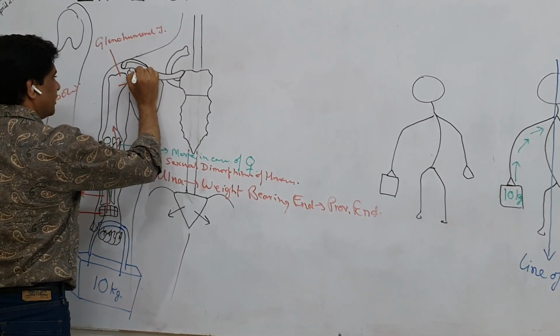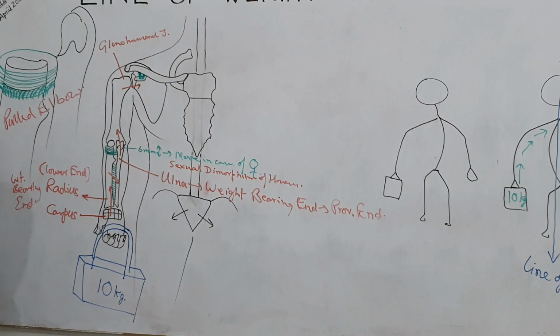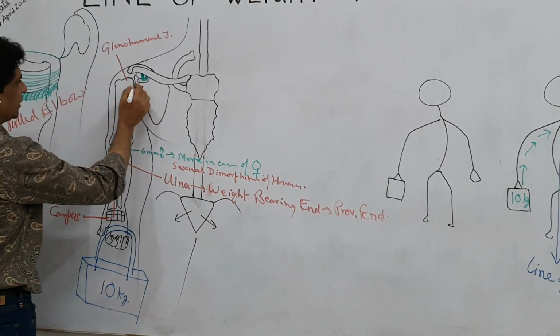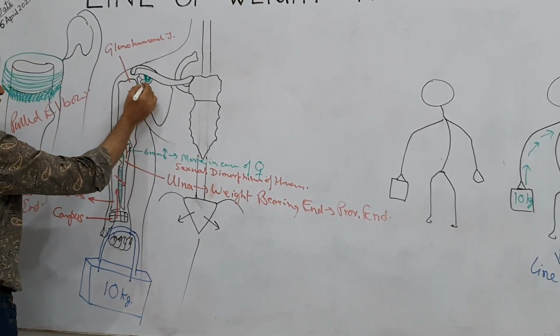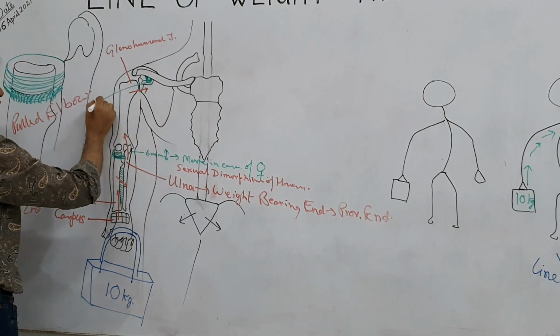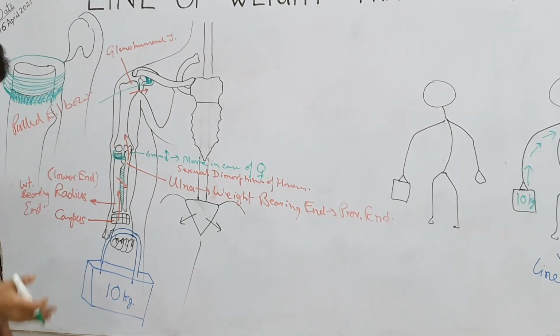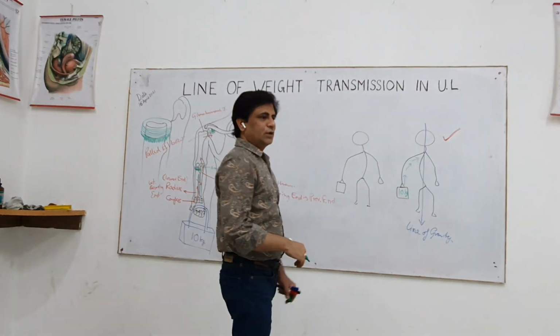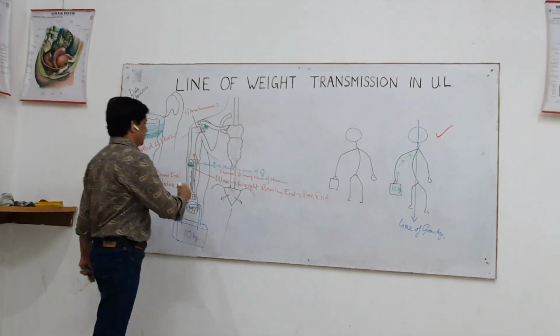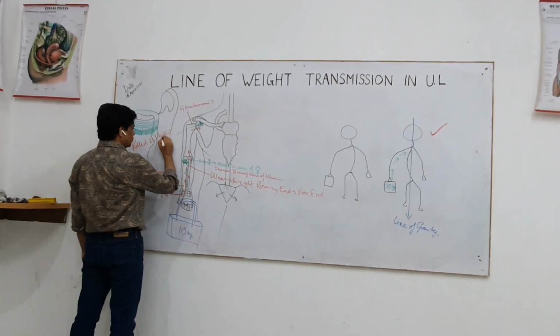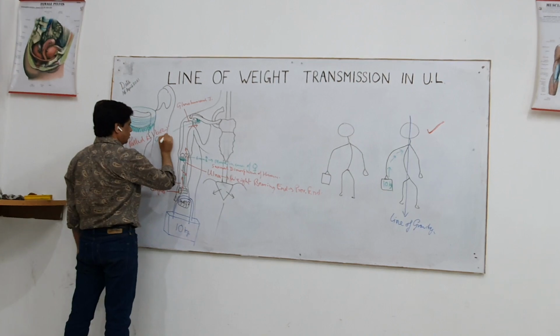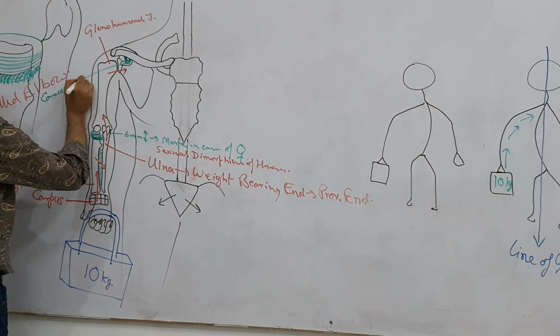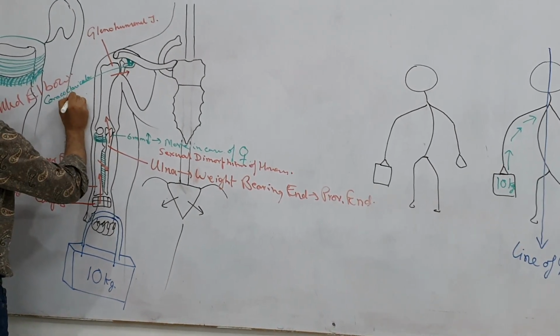This is called the coracoclavicular ligament. From the coracoid process, it is attached to the lateral inferior surface of the clavicle, on the lateral one-third inferiorly. So this is the coracoclavicular ligament.